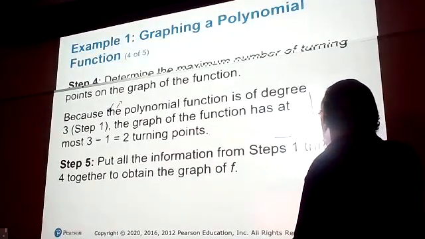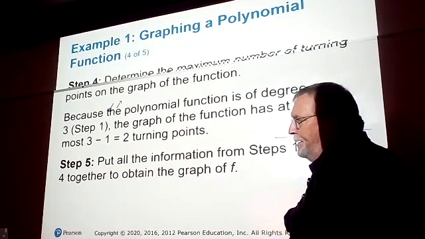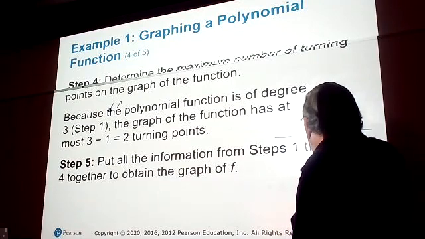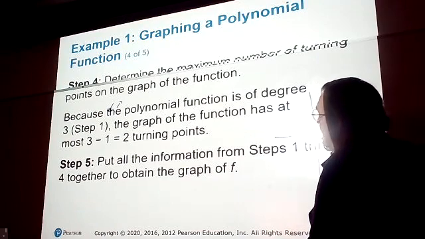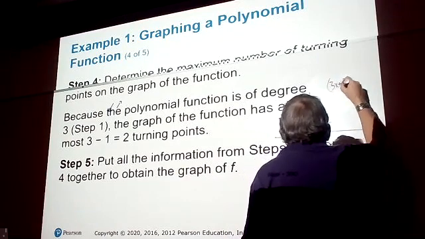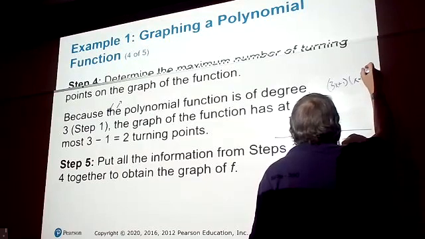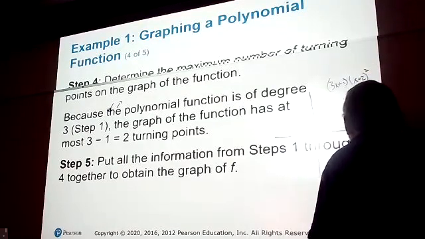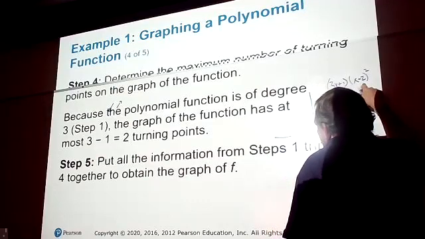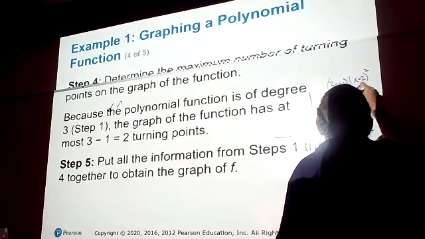So we need to find more points, because I know there's going to be a local maximum at this turning point, but where is it? If I put 1 in for x, that's going to be 3x plus 1 times x minus 2 squared. Putting 1 in for x, we get 4 here. We get 1 minus 2, which is -1, and -1 squared is 1.